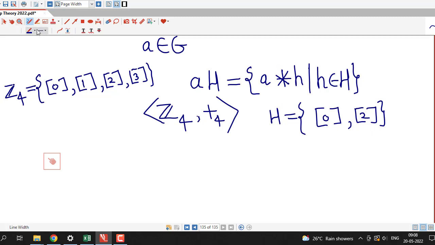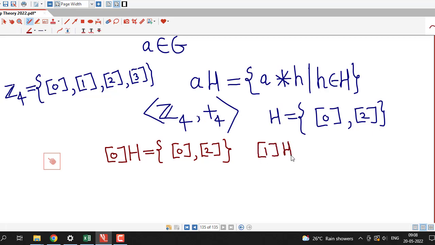So in the last lecture we obtained the cosets corresponding to each element of Z4. The coset corresponding to equivalence class 0 was the set containing equivalence classes corresponding to 0 and 2. Similarly, the coset corresponding to the equivalence class generated by 1 was the equivalence classes generated by 1 and 3.